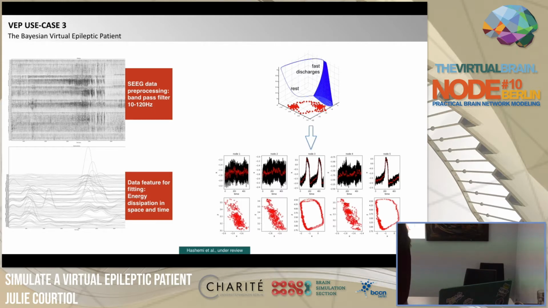Here they use the SEEG data of the patients and compute the power spectrum and the energy of the time series in order to perform data fitting and in particular machine learning, using variational inference. They identify a distribution of parameters for each region, and which region can be epileptogenic, propagation, or other.